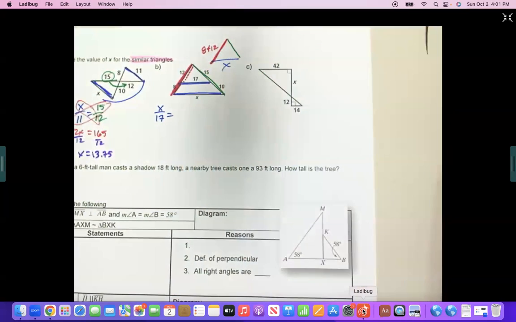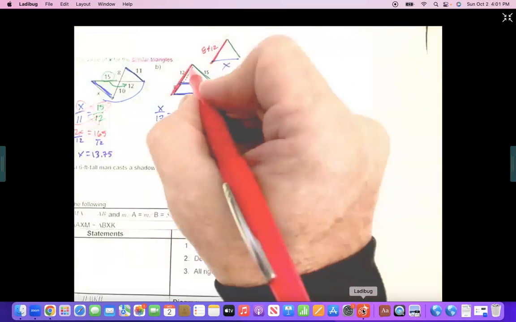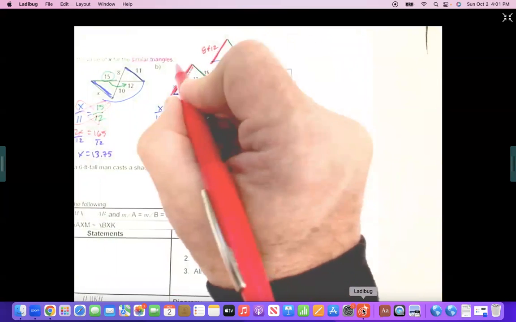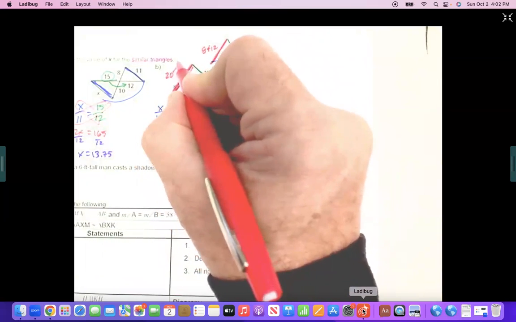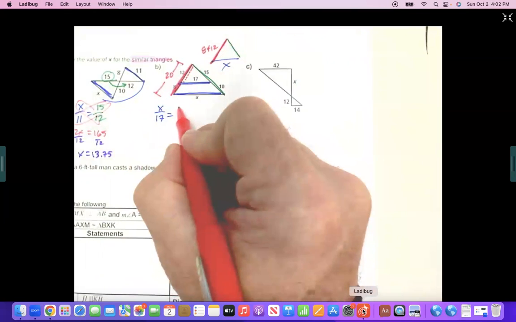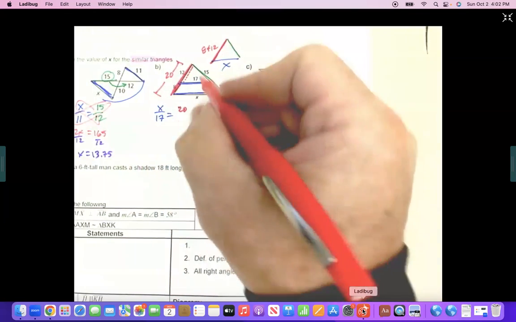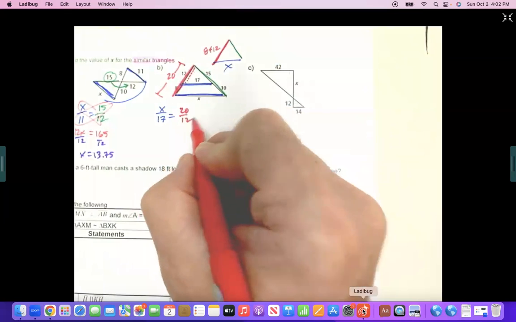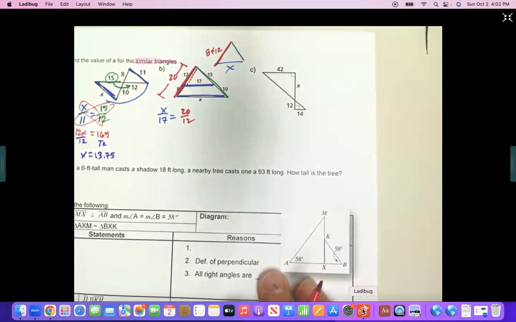Okay. So that would mean that we're going to compare 8 plus 12, or 20, from the large triangle to 12 from the smaller triangle. Let's do our cross products here.